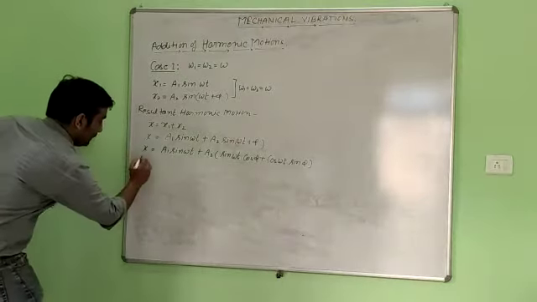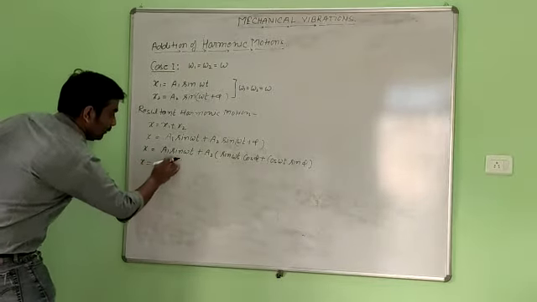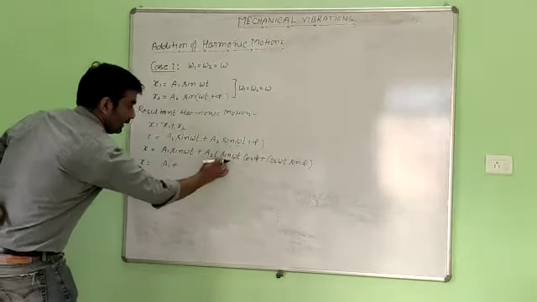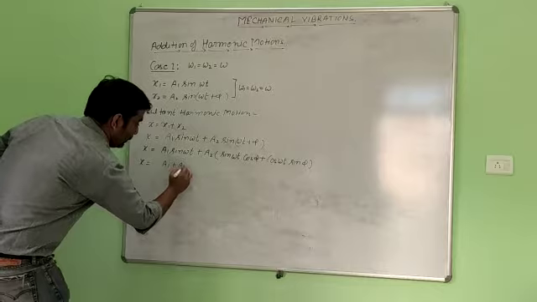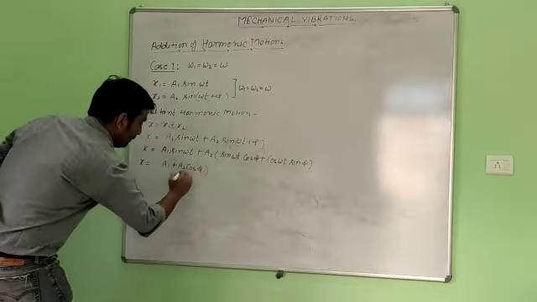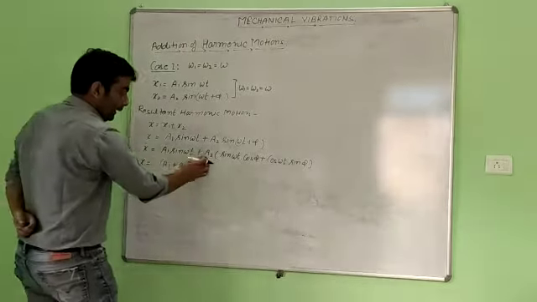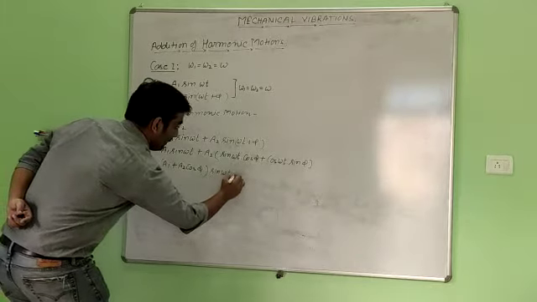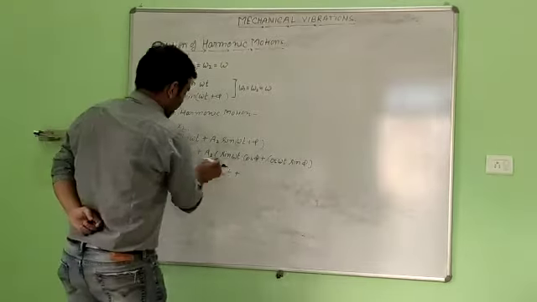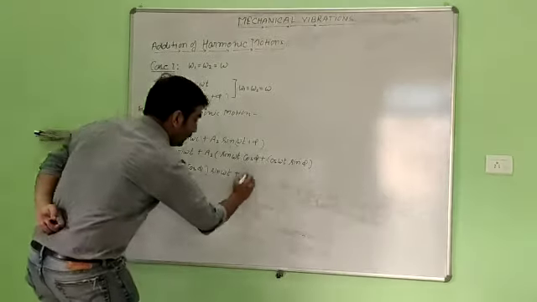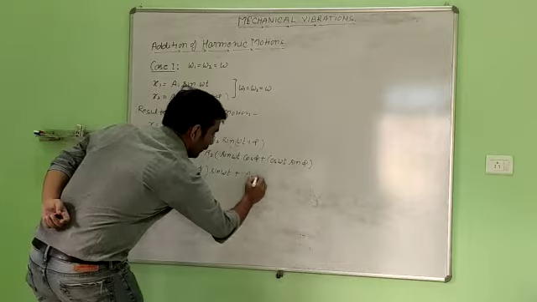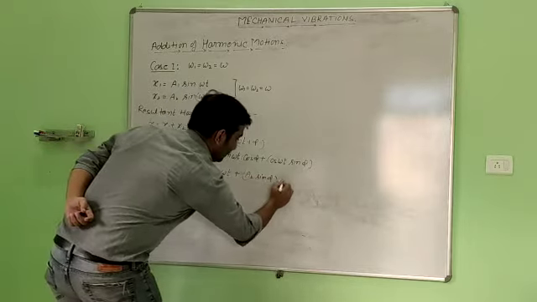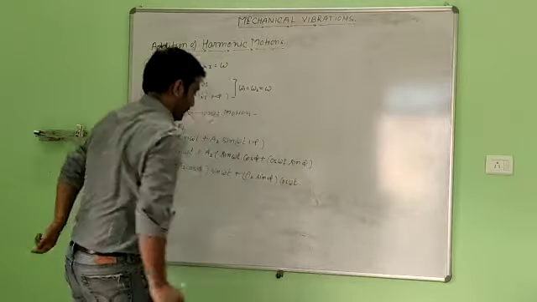So x will be equal to sin omega t times (a1 plus a2 cos phi), plus cos omega t times a2 sin phi. Here we don't have a cos omega t term from the first motion.